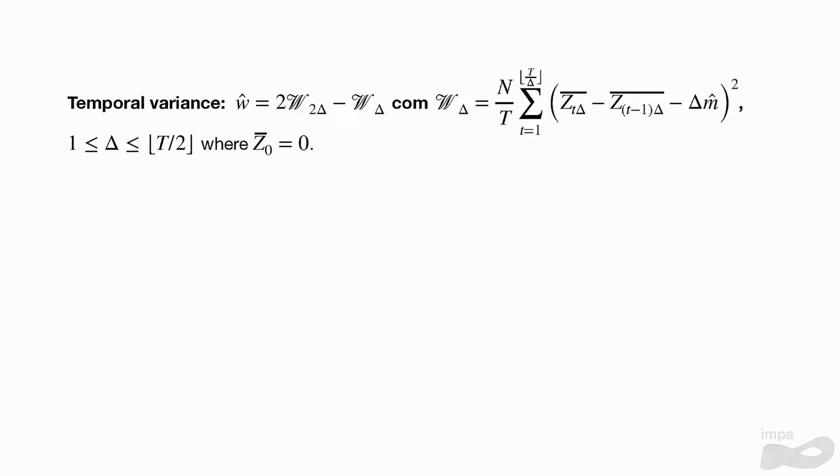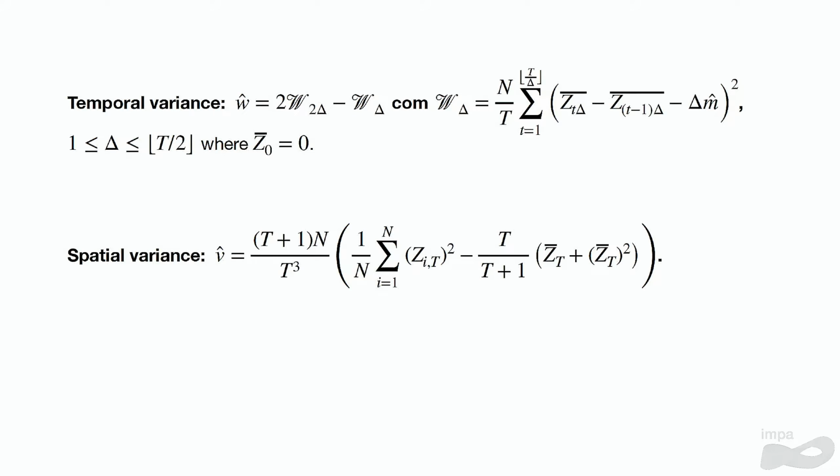And the other one is the temporal variance, which is something very strange. Well, not very strange, but I'm not a statistician, so what I know how to do is mean and variance. So this is the temporal variance, and the second one is what we call the spatial variance. And then I just want to give you some ideas of how we ended up with such two estimators, okay?